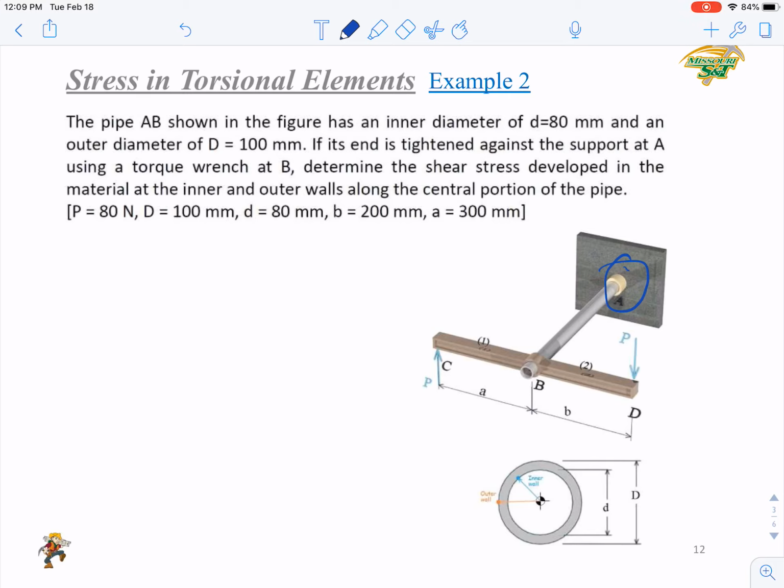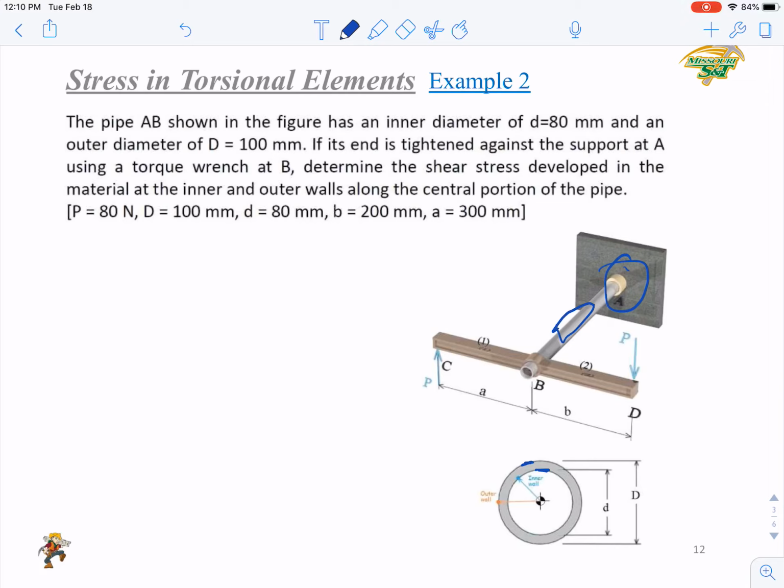And using a torque wrench at B, determine the shear stress developed in the material at the inner and outer walls. But you're requested to determine the stress here and here, along the central portion of the pipe in this section.